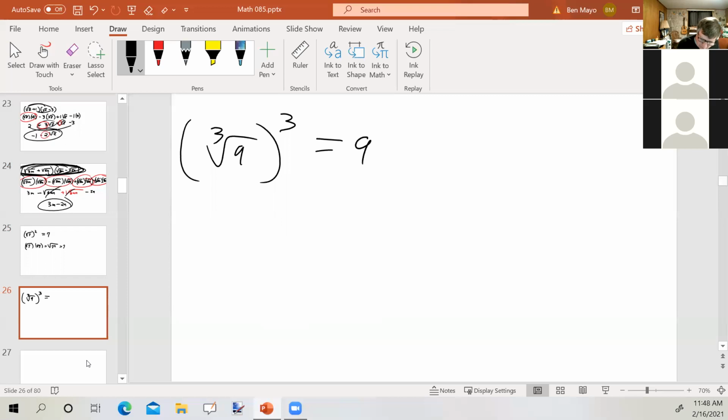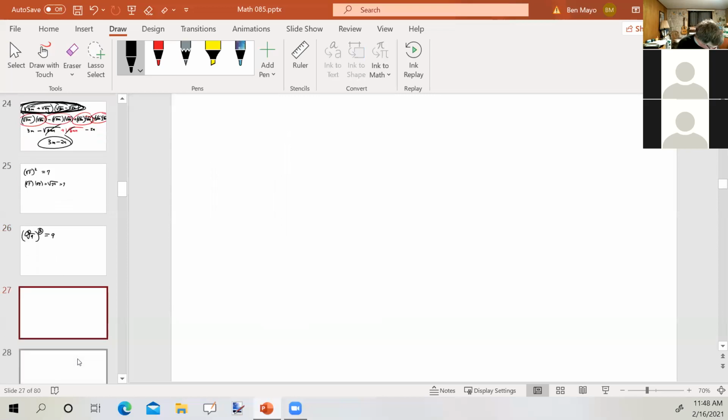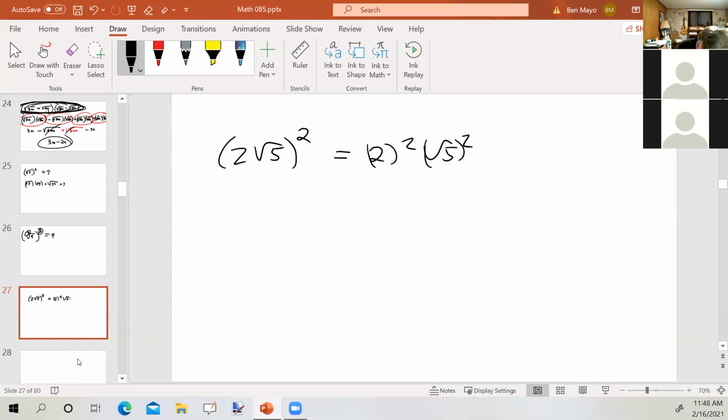That would be 9, because the index and the exponent reduce down to 1, and 9 to the 1 power is 9. What about 2 square roots of 5, the quantity squared? Would that be 5? That would be 2 squared times the square root of 5 squared, which is 4 times 5, which is 20, because the square applies to both the 2 and the radical.